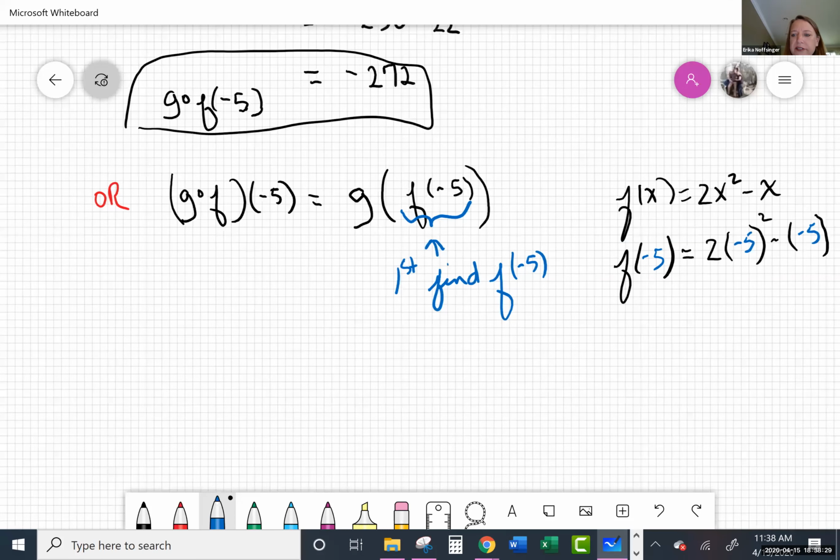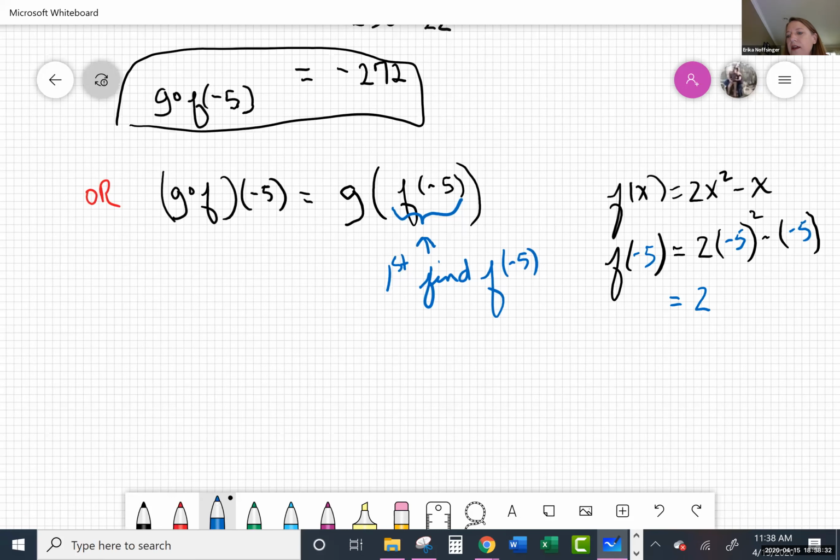Order of operations, so square my negative 5 first. That's 25. So 2 times 25, minus a negative, so plus 5. So this is equal to 2 times 25 is 50 plus 5, which is 55. So f of negative 5 equals 55.